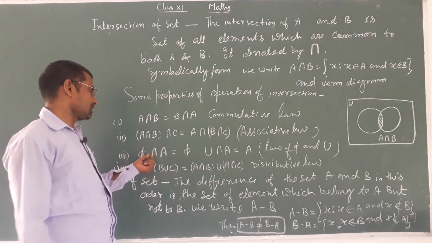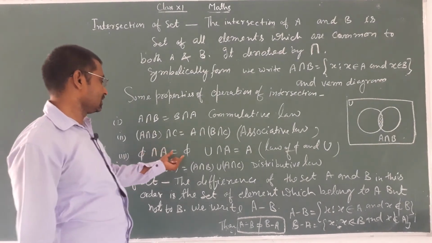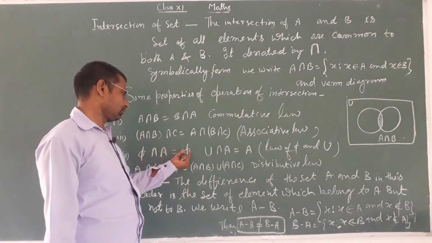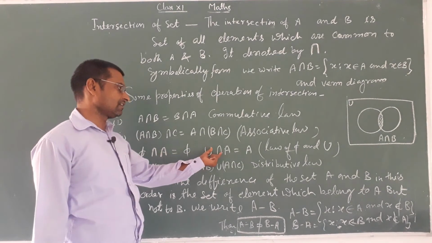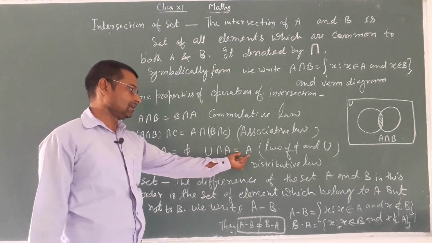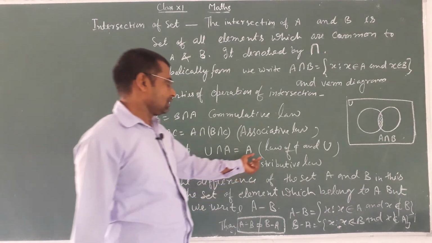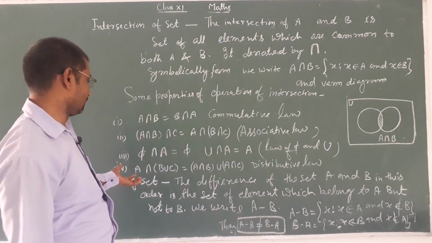Phi intersection A is equal to phi, and the universal set intersection A is equal to A. These are the law of empty set and the law of universal set.